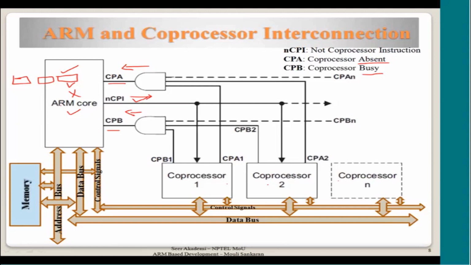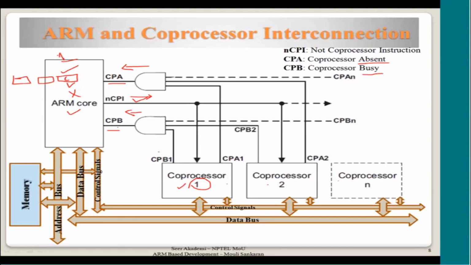Now if the CPID of the coprocessor matches with one of the IDs, then that coprocessor will respond. Suppose the instruction which has come to the execute stage has a CPID of 1. In that case, coprocessor 1 will pick it up. Assume that the coprocessor is not busy with the previous instruction, and it is encountering its own instruction for the first time.